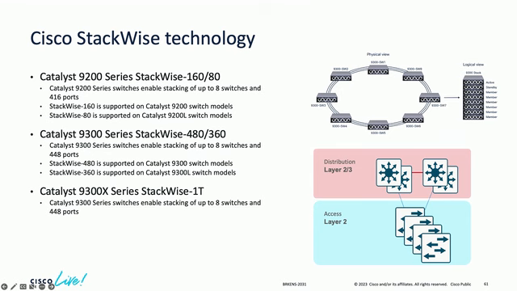And then if we look at the other platforms meant for the access, StackWise for Catalyst 9300 is offering us up to 480 gigs. And when it comes to the latest products, Catalyst 9300X, we have up to 1 terabyte of stacking capability, right? Which is no match for any usage of front panel ports for building connectivity between access devices.